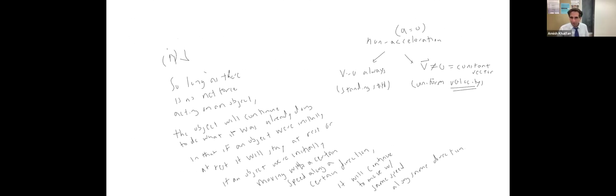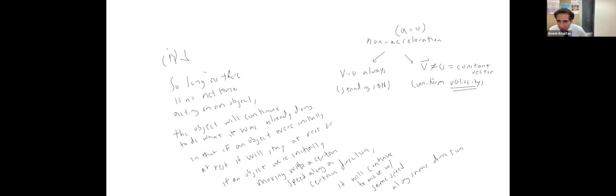Which is better able to retain its current state of motion, meaning being at rest? The box with the cat or the box with the mouse? The cat. The box with the cat, right? So there's more resistance to the change in motion I'm trying to bring about for the box with the cat than for the box with the mouse, right?